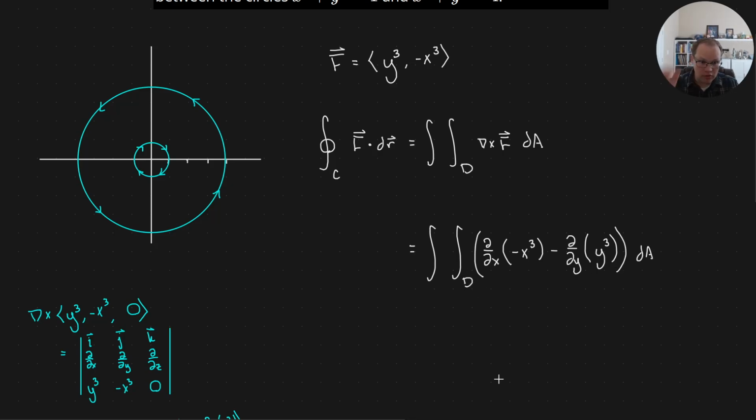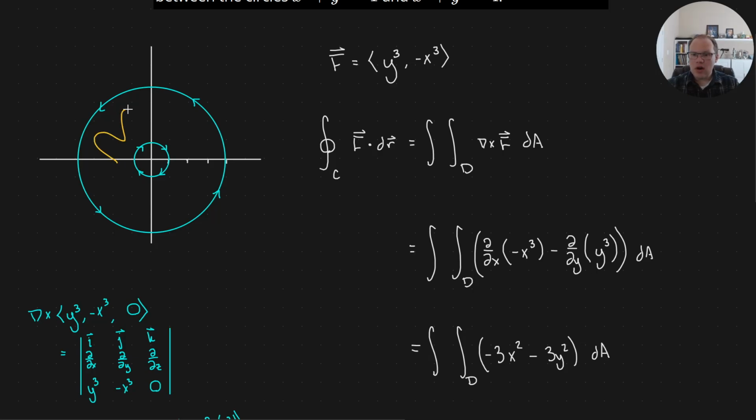We're integrating over region D. All right, so partial derivatives are easy to take. Partial derivative of negative x cubed is going to be negative 3x squared. Partial derivative of y cubed is going to be 3y squared.